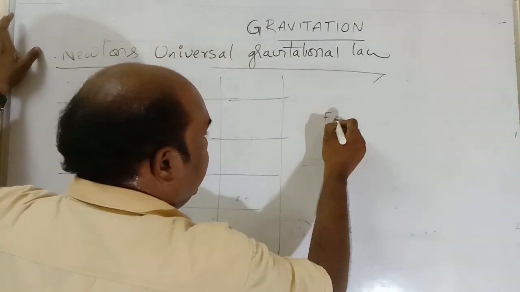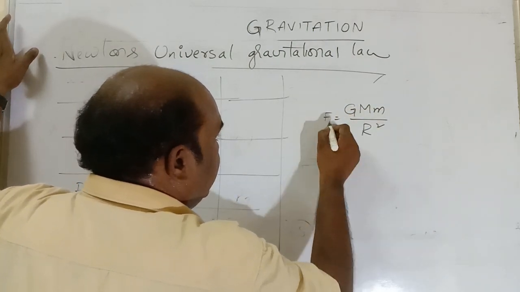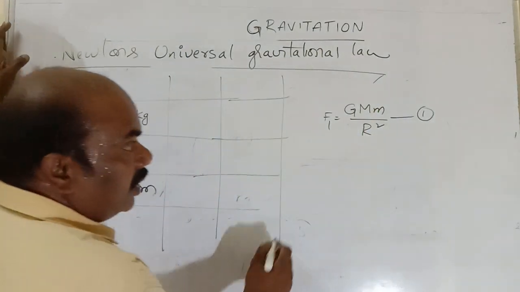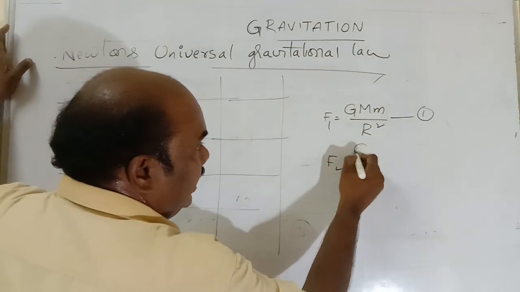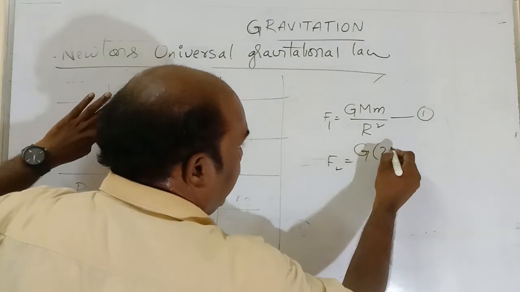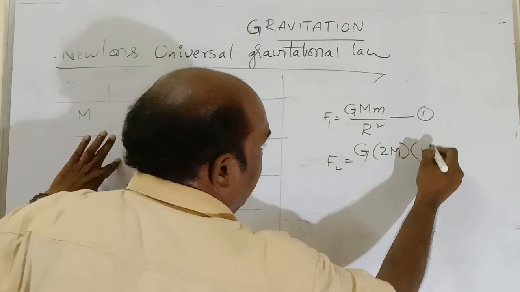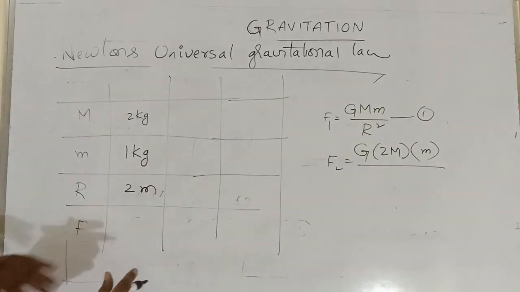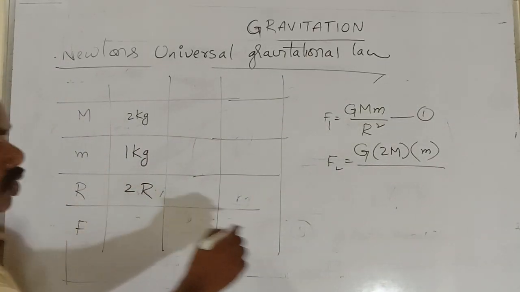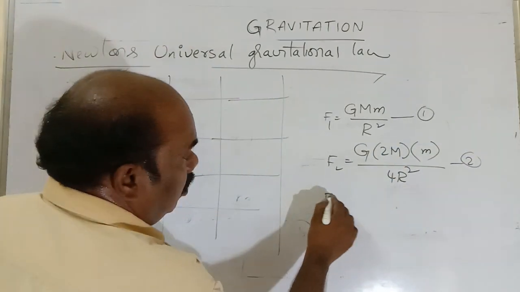Simple formula, F is equal to GMm by R square. Initially, let it be equation 1. Now F2 is equal to G, capital M is 2M, small m is 1 kg, so small m, and distance R becomes 2r, so 4r square. Now divide.